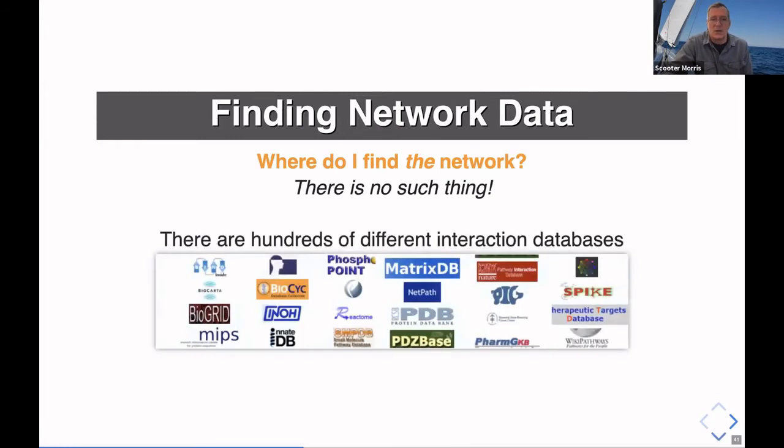There are hundreds of different interaction databases that will have different focuses. BioCyc, for example, if you're really interested in metabolomics; PDB, if you're looking at structural protein-protein interactions; if you're only interested in known complexes, you can go through this list and come up with different ones; here's WikiPathways for pathway data.